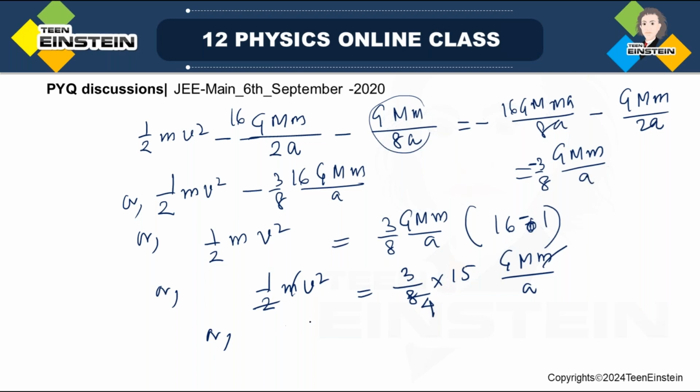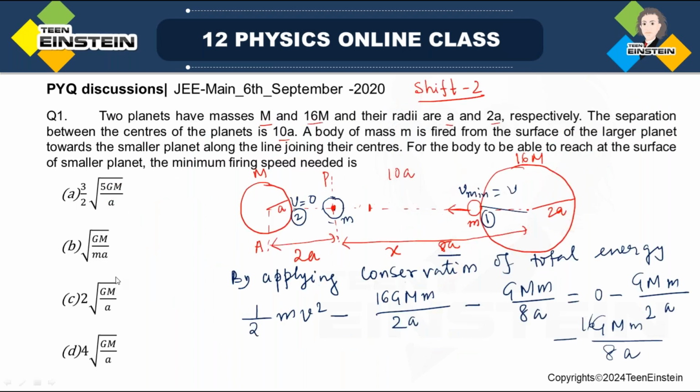If I take the square root, I'll get 3 by 2 here, then the square root of 5 GM divided by A. So this will be the answer, 3 by 2 root of 5 GM by A. This is the answer for this first question.